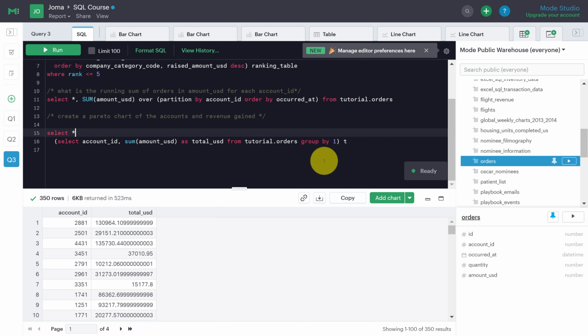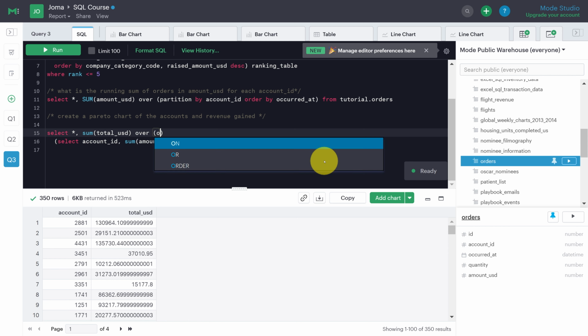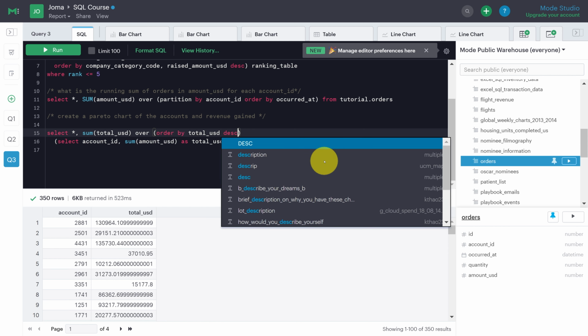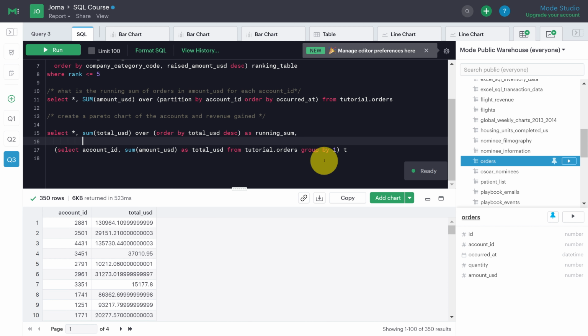First we're going to include all of the rows, just so it's easier. And then I want to have a running sum, because we need to know how much revenue they're bringing in. Over order by total USD descending as, let's call it running sum. The other thing we want is row number, because I care about their ranking.